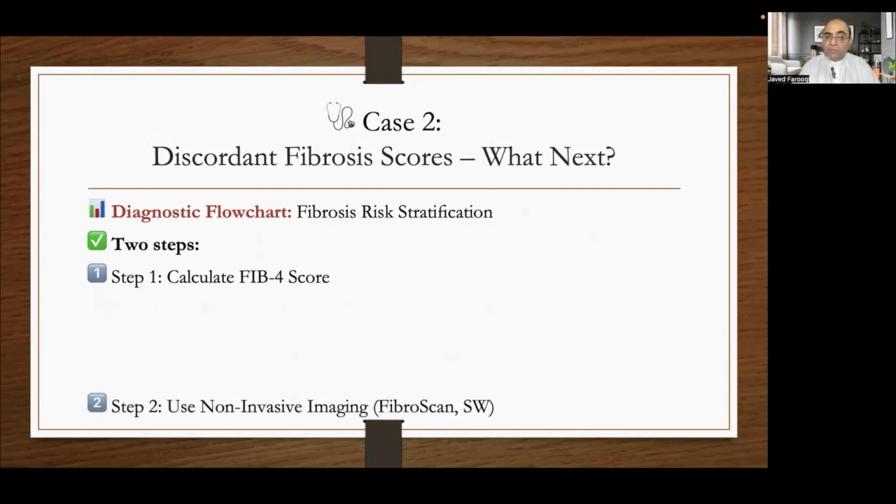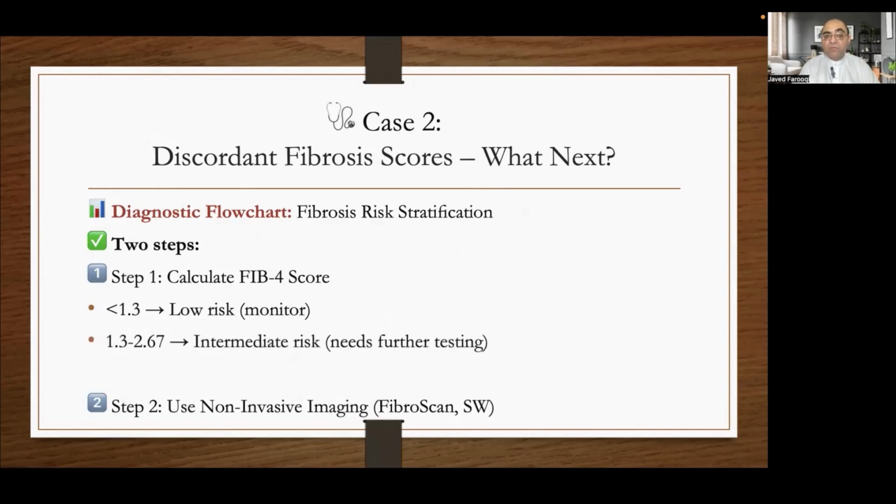Coming to the first step: if FIB4 is less than 1.3, it's low risk and these patients need to be monitored. If it is between 1.3 and 2.67, it's intermediate risk and needs further testing. But if it is more than 2.67, it's high risk and this patient should be referred for hepatology evaluation.